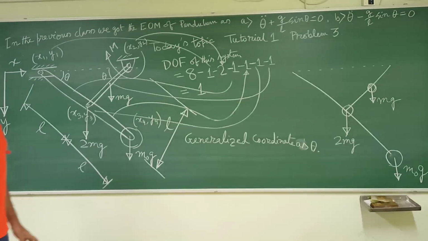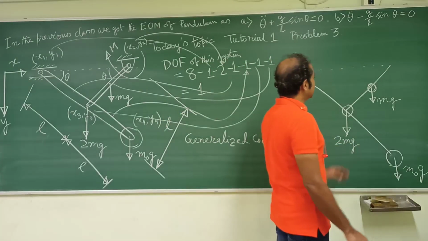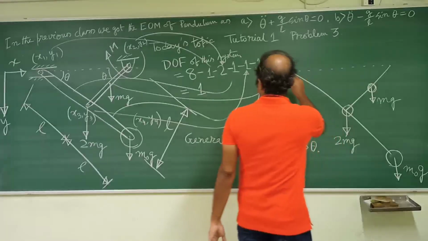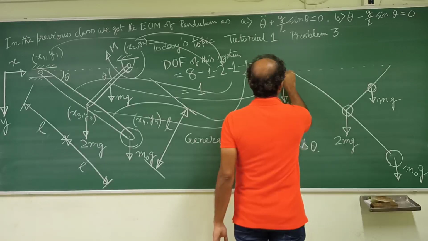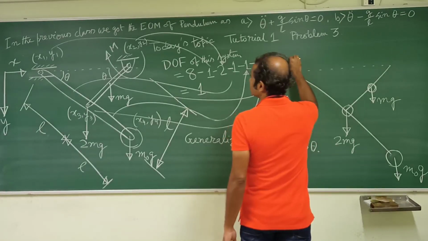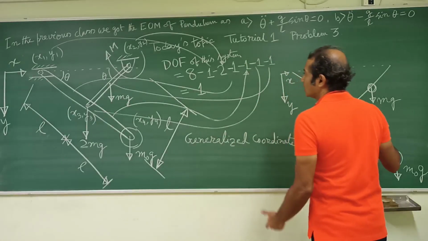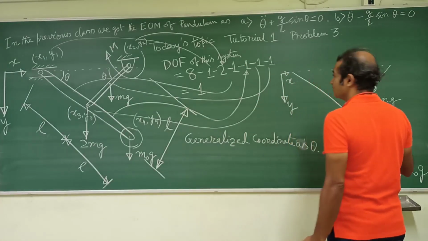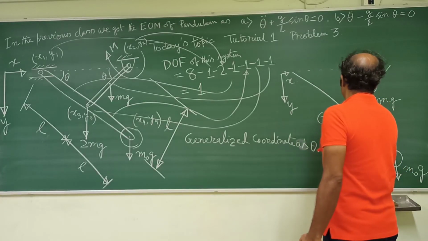Okay, sure. So what in this figure I have done is that, let's say this is my y-axis and this is my x-axis. So let's identify those points as mass points. I'll be interested in the mass points. Let's say this is your x3 and y3.